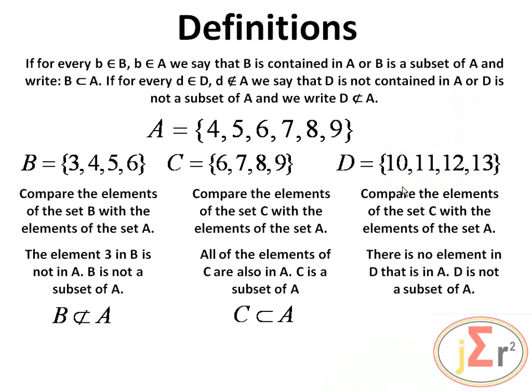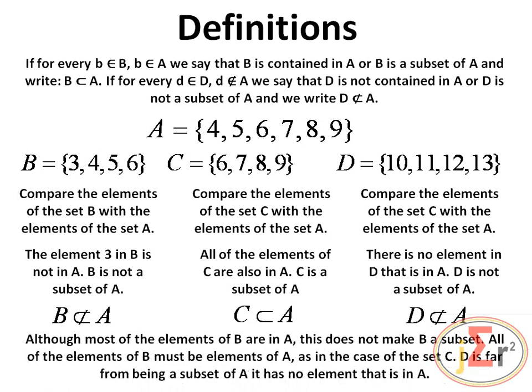There is no element in D that is in A. D is not a subset of A. Although most of the elements of B are in A, this does not make B a subset. All of the elements of B must be elements of A, as in the case of the set C. D is far from being a subset of A. It has no element that is in A.